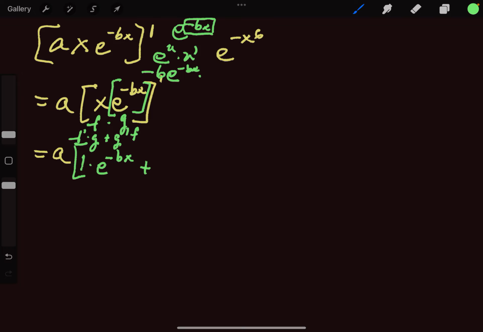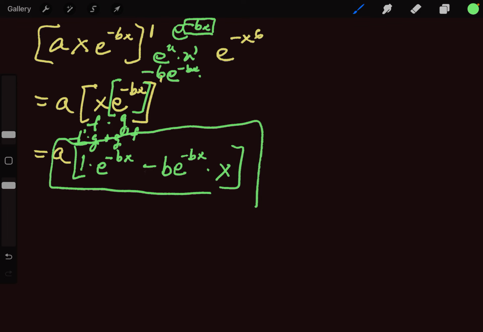And then instead of writing plus here, I'll put a minus to make it look a little bit neater, as minus the derivative of e to the negative b x is negative b e to the negative b x, and then times f is just times x. And then this is your final answer, it's perfectly fine.